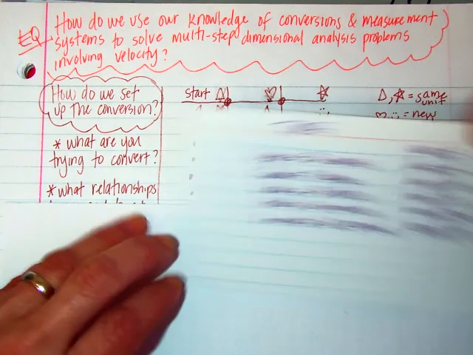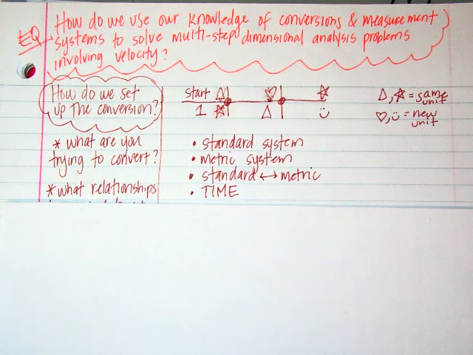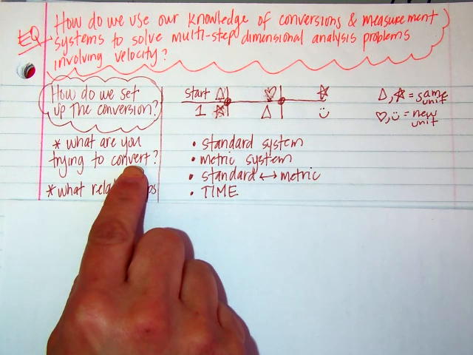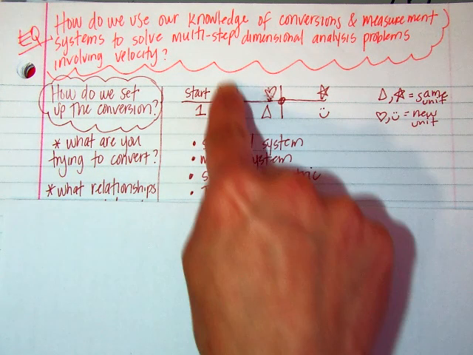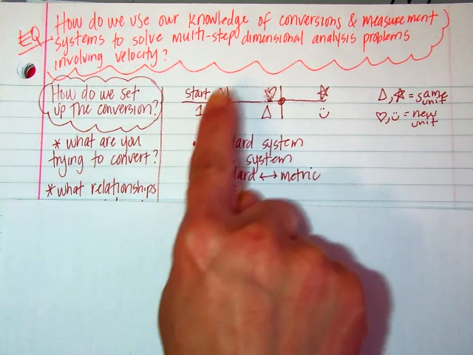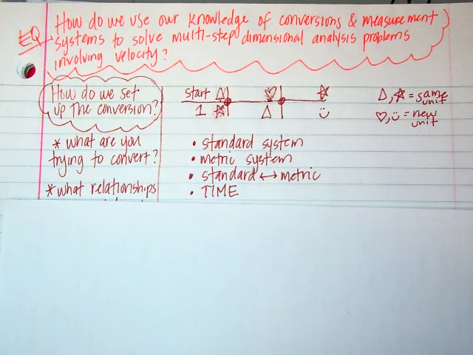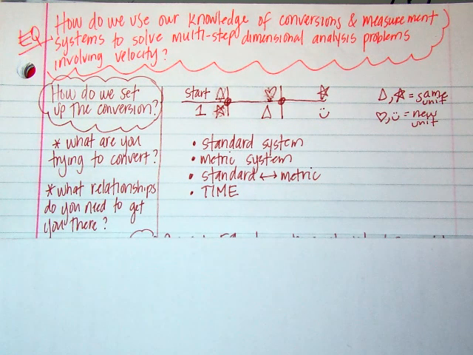So let's get started. We want to always ask ourselves the question, well, what are we trying to convert? And you'll see in our initial fraction, what are the things we're going to try to convert and what do we want to convert them into, and then what relationships do we need to get us there.